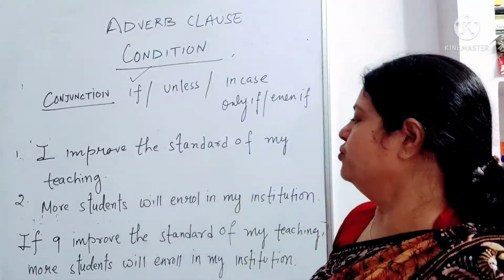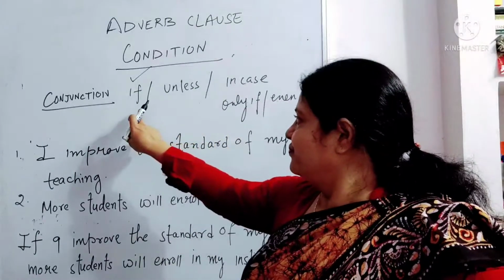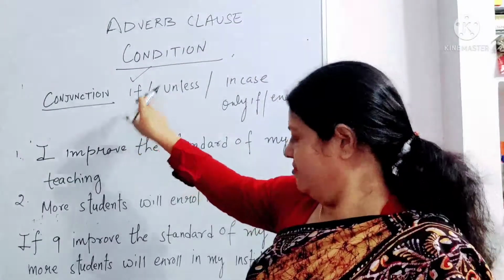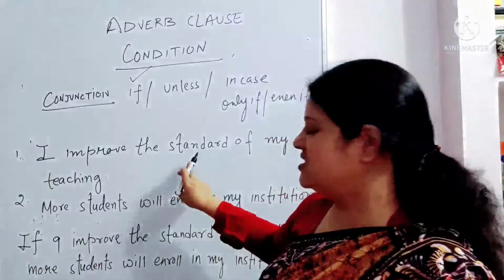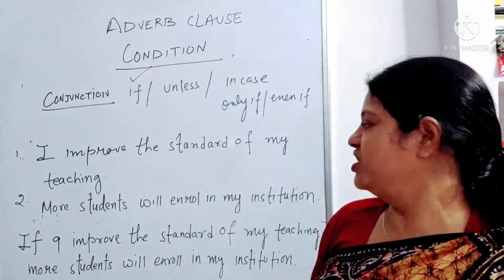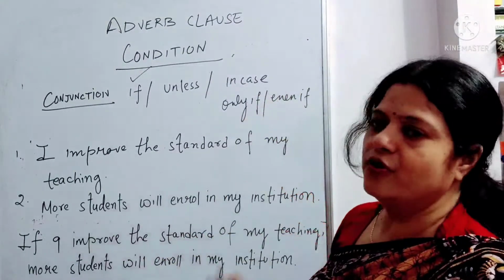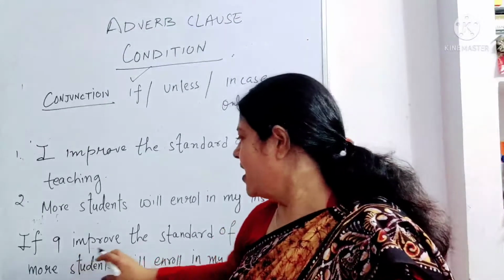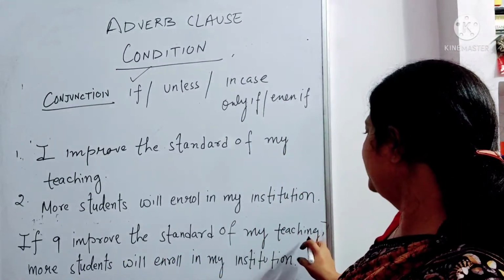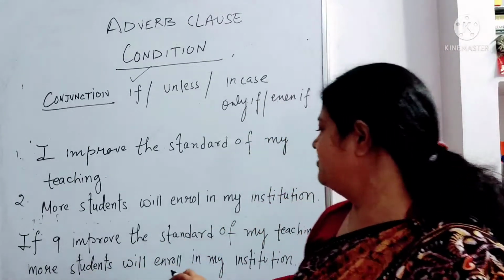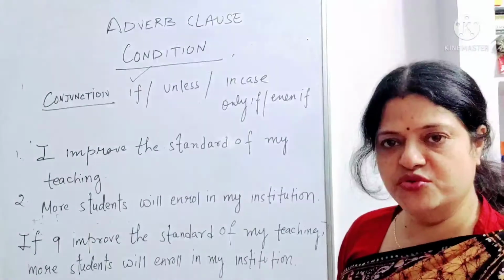So what I need to do is write one conjunction in front of this sentence which is showing condition, and it will become an adverb clause of condition. So if I improve the standard of my teaching, more students will enroll in my institution.